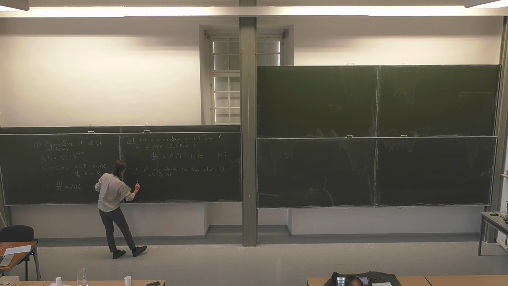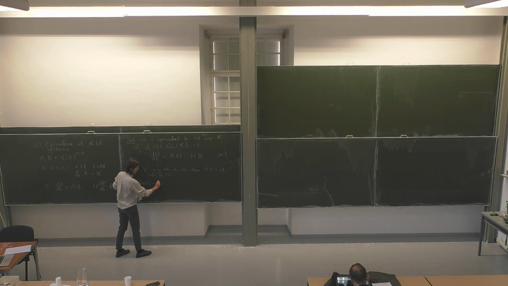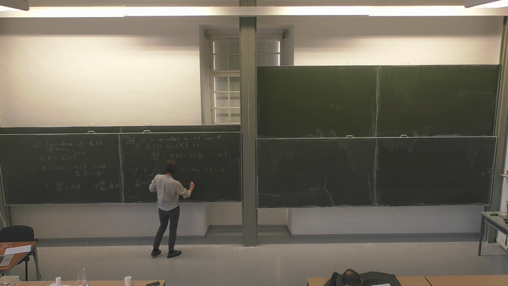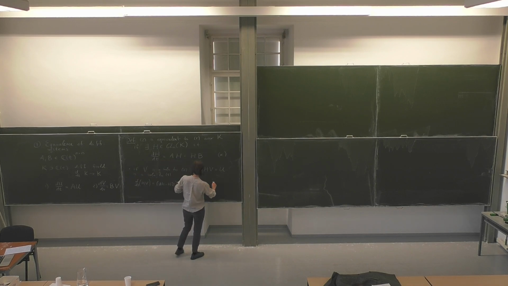When we differentiate HV, we first differentiate H, and this is AH minus HB, times V, plus H times the derivative of V, which is BV. These two cancel. We get AHV.